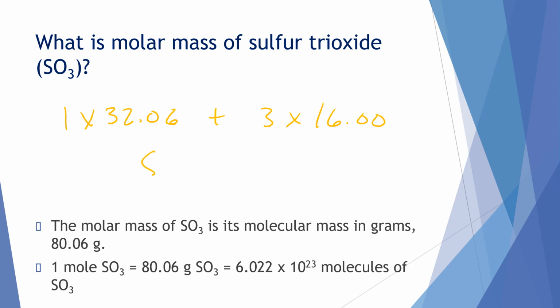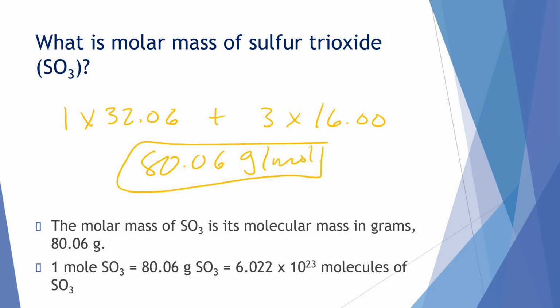So 80.06 grams per mole, that is the molar mass. In 1 mole of SO3, it equals 80.06 grams of SO3, and that also equals 6.022 times 10 to the 23 molecules of SO3. It is a molecule because there's more than one element attached to each other. If it was an atom, by itself, that would be a different story.